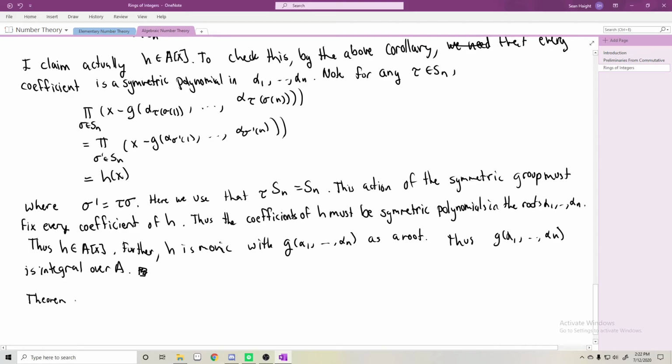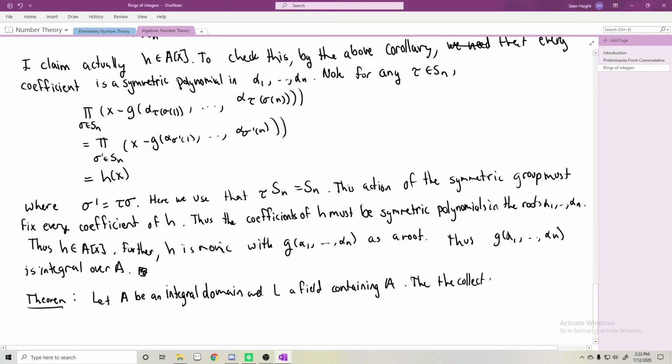So theorem: let A be an integral domain and L a field containing A. Then the collection of elements of L integral over A form a ring.